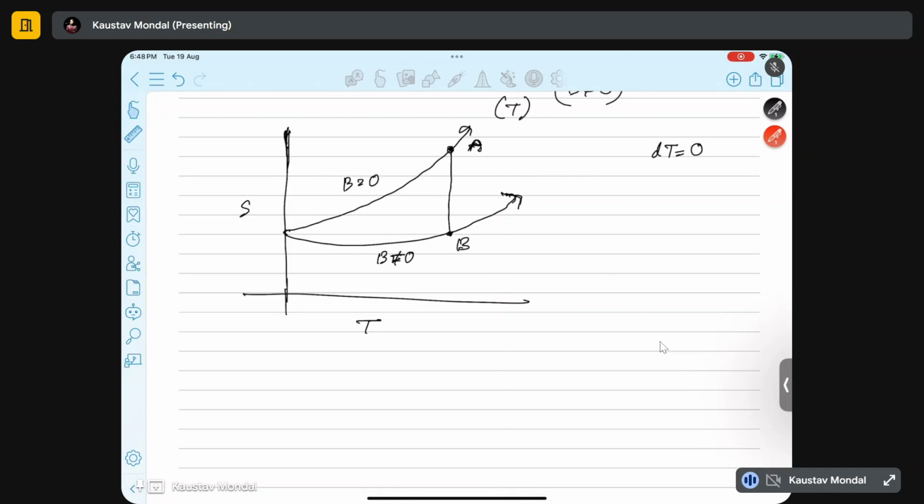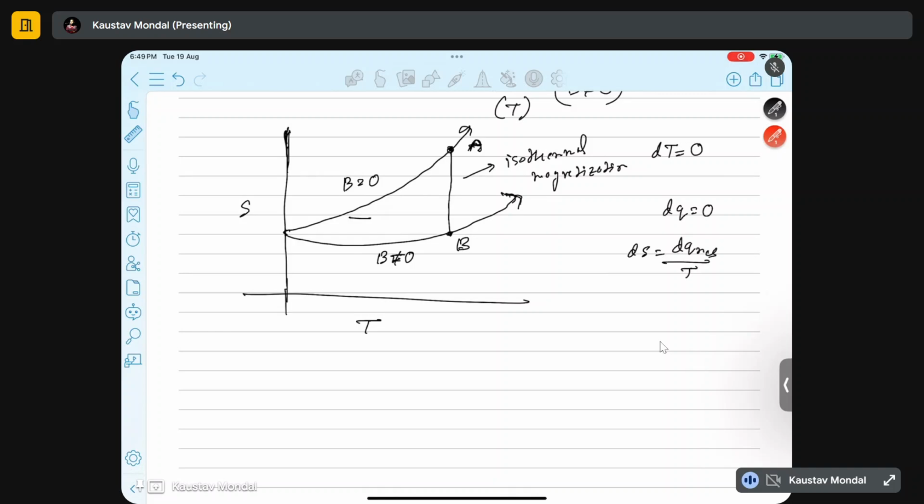Now the next thing that we'll do is called adiabatic demagnetization. Adiabatic means dq is equal to 0, and for a reversible process, ds is directly related to dq from this relation.